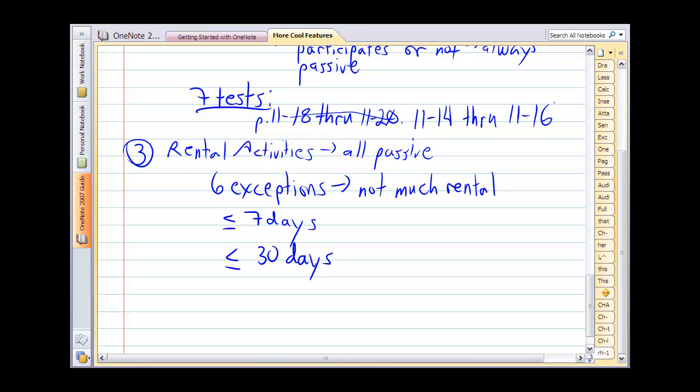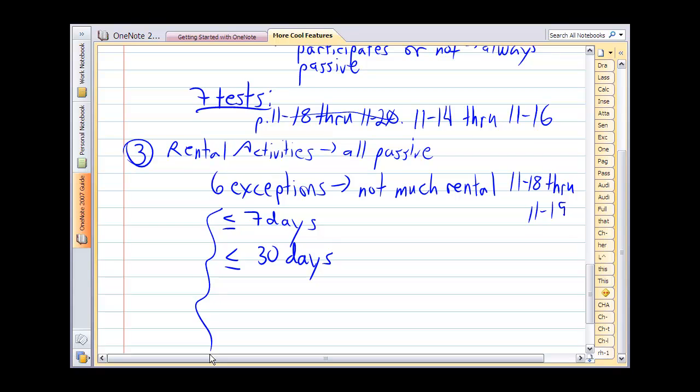Okay, so these 6 are on 11-18 through 11-19. So I'll let you read through those.